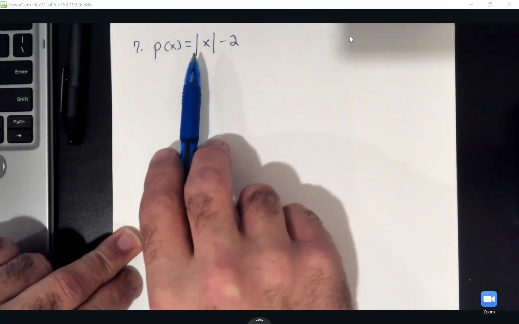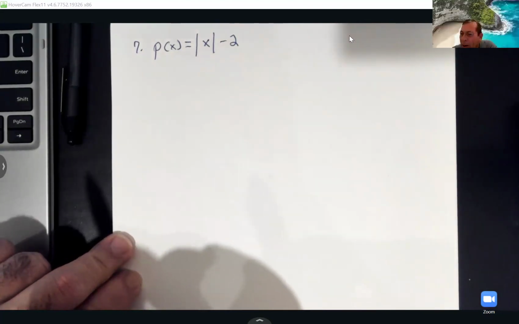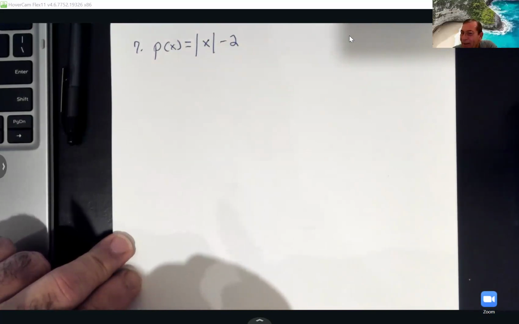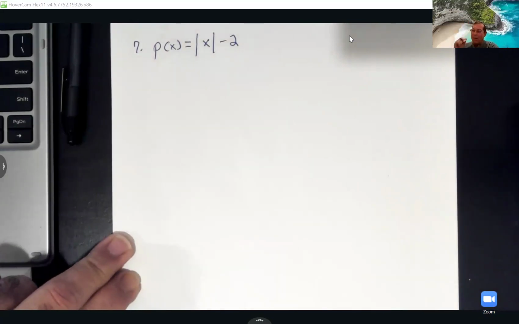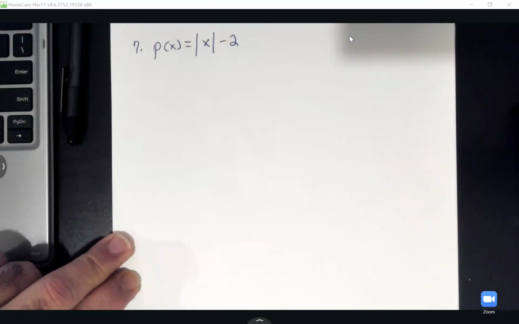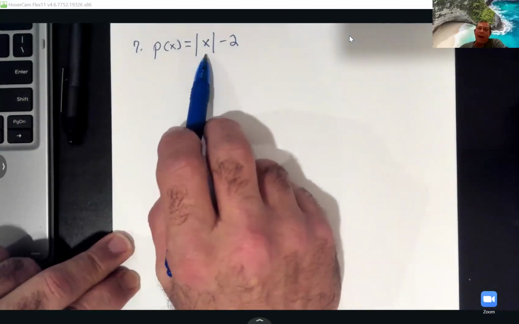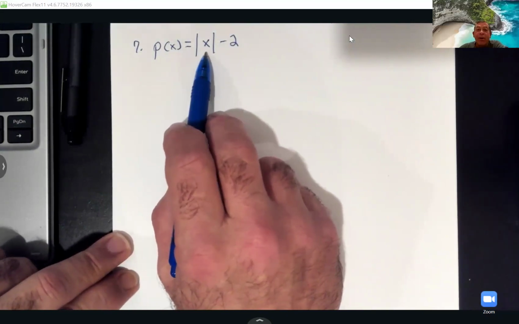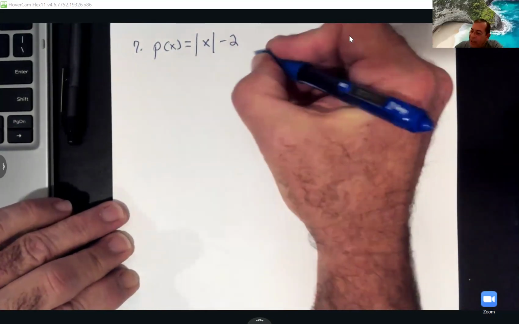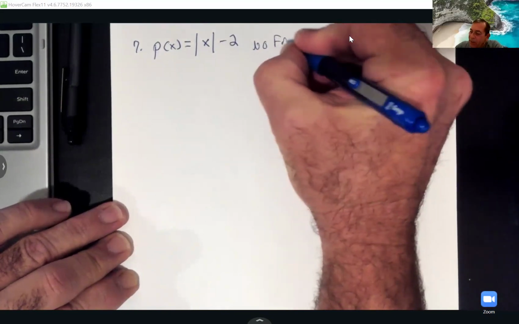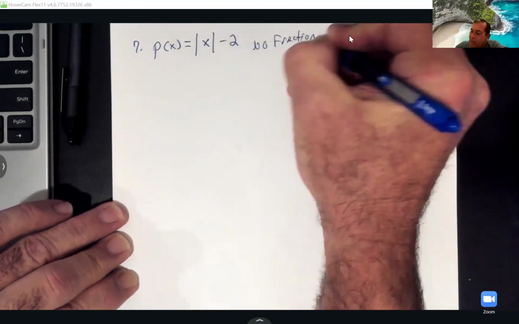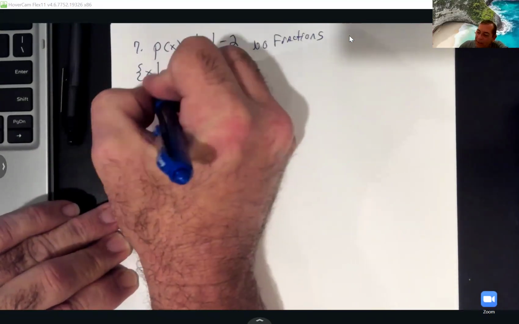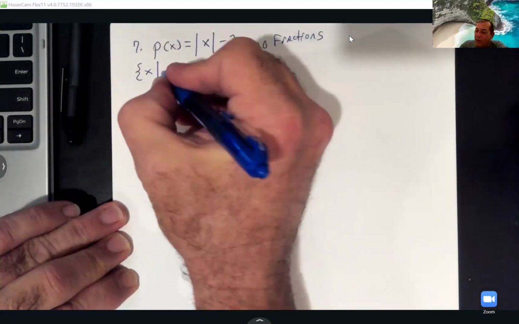All real numbers? I think I heard you, but I didn't hear the answer. Is it all real numbers? All real numbers, because guess what? I don't have a fraction, so I can take the absolute value of any number and then subtract 2. So once again, there's no fractions. So this will be x such that x is a real number.